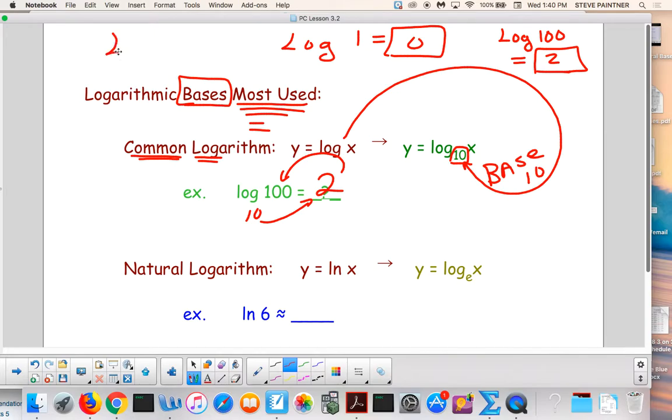Okay, do this one. Log of negative 10. What? Domain error? Why? Do you remember the definition on slide 1? We have to take logs of what?